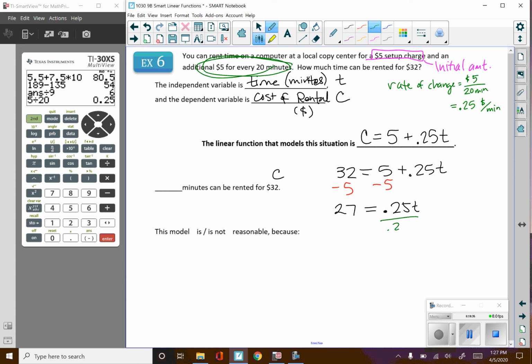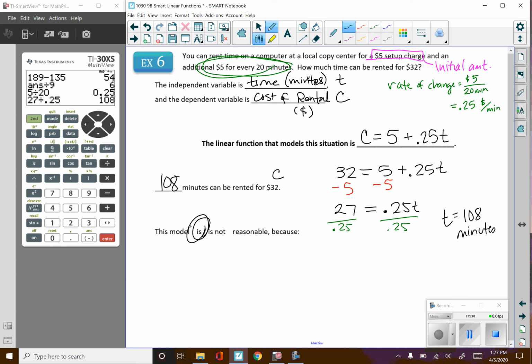We can divide both sides of our equation by 0.25. 27 divided by 0.25. And we get that the time that we can use for that $32 cost is 108 minutes. Is this model reasonable?